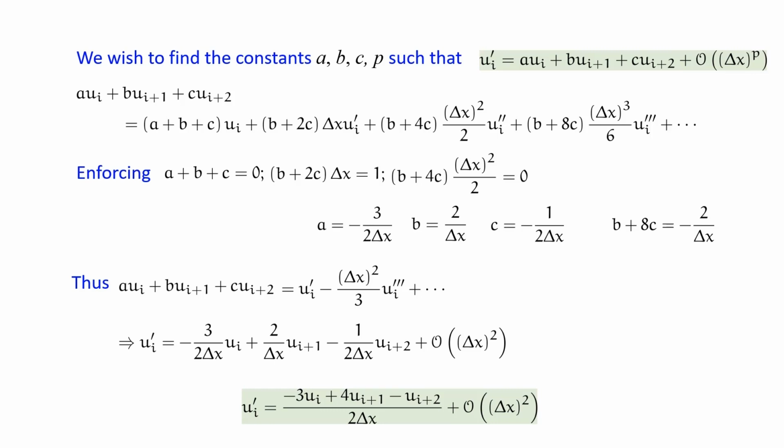The utility of such schemes I'll show you in upcoming lectures, but right now we see that we can have a forward difference scheme with second order accuracy. These are called 3-point forward difference, since we are using 3 points: i, i plus 1 and i plus 2.